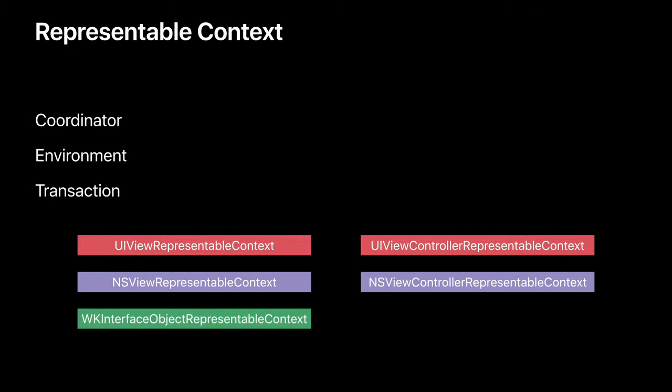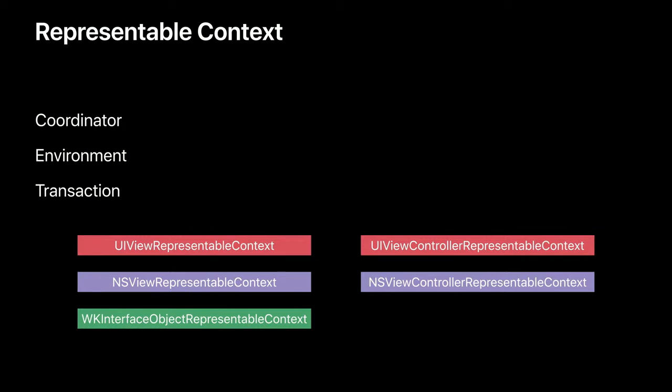This could be the system environment, like color scheme, size classes, or layout direction. Or it could be app-defined custom environment properties. Finally, the transaction property lets our views know whether or not there was an animation in SwiftUI. The representable context is available for views, view controllers, as well as interface controllers.